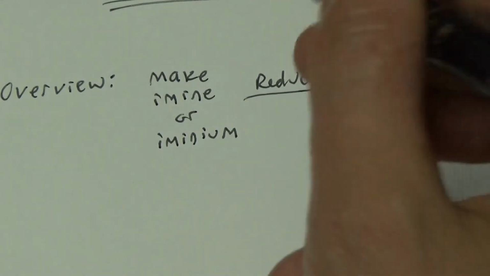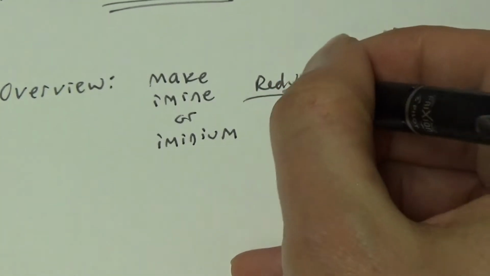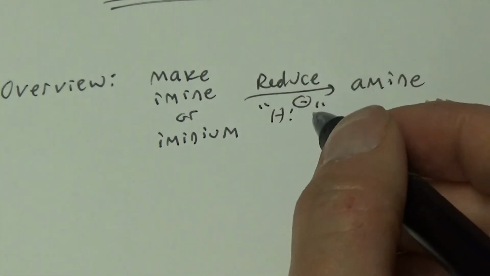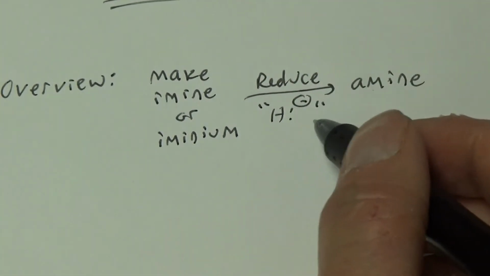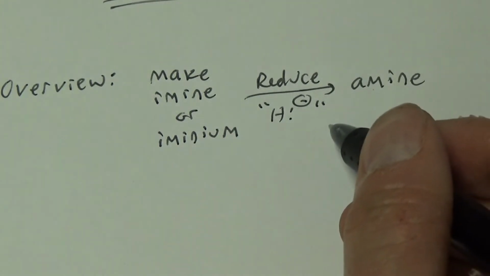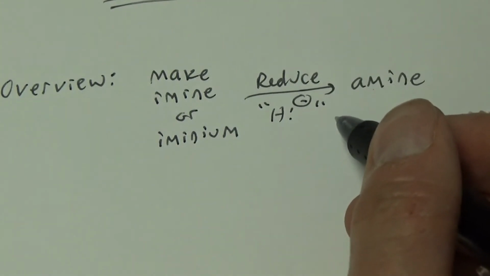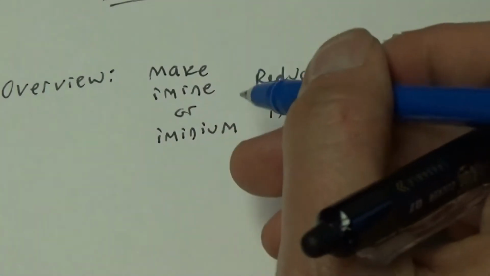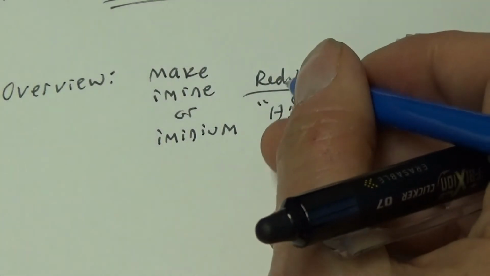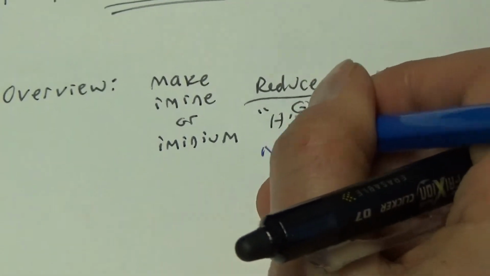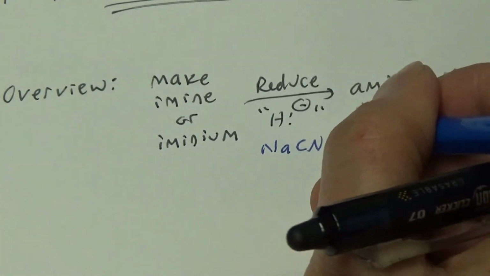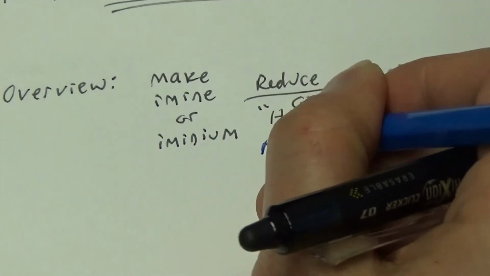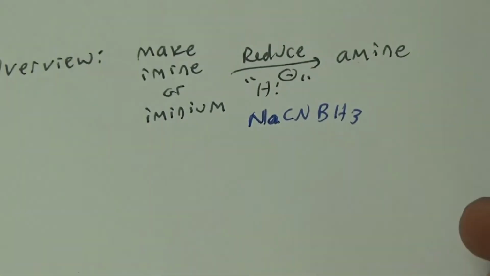How do you reduce things? It's basically going to be a special H- reagent. Usually we use a specific H- reagent that's a little different than the ones you're used to, just to make it exciting. The one that we're going to highlight, and which the book also highlights, is NaCNBH3. Okay, so this is a different hydride reagent.